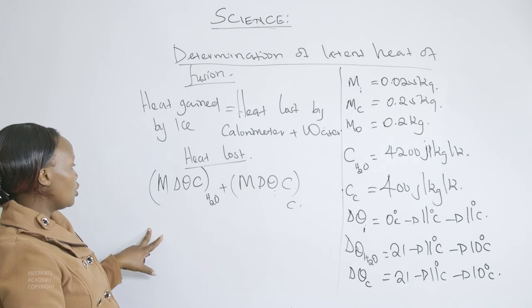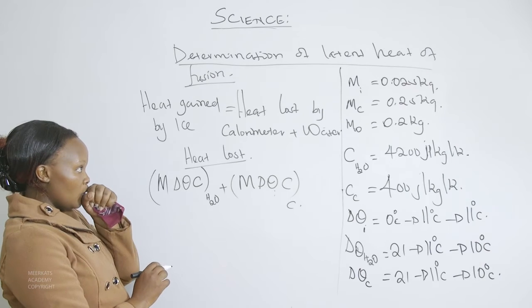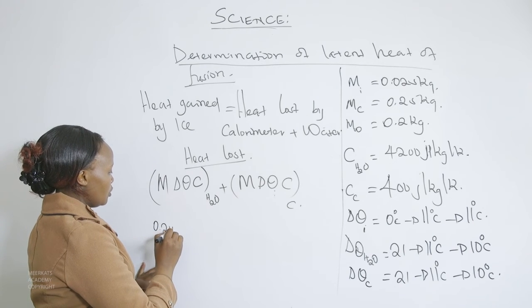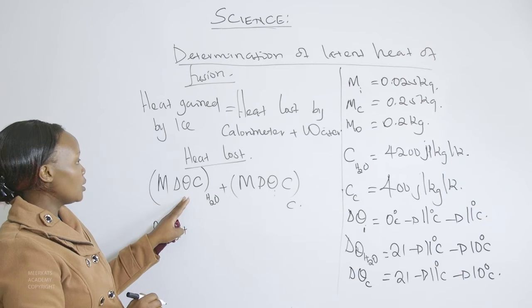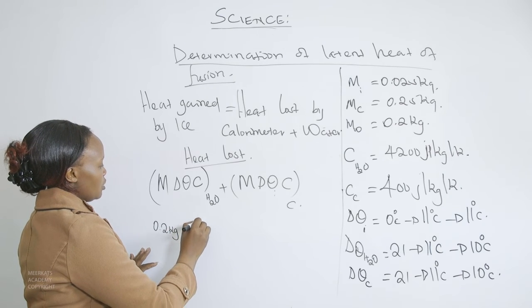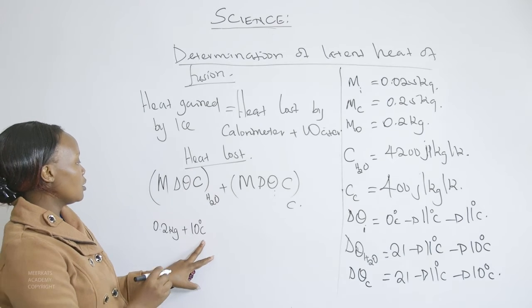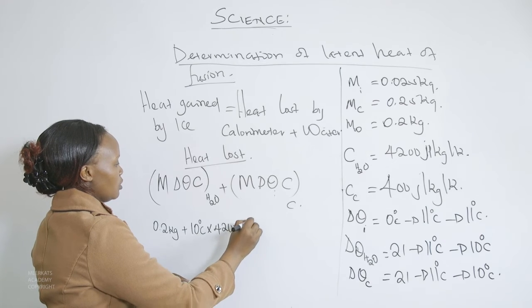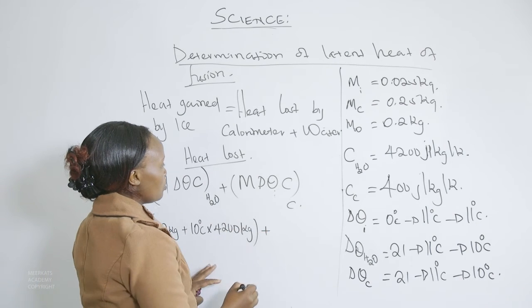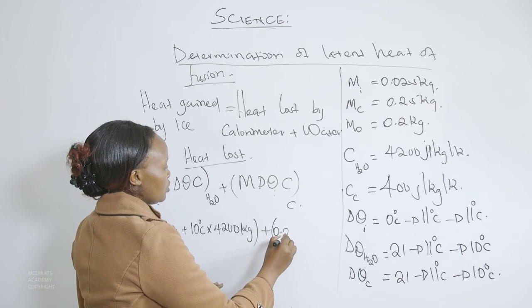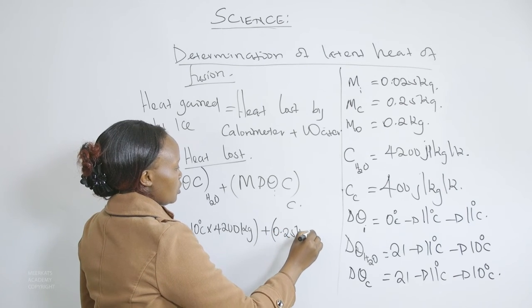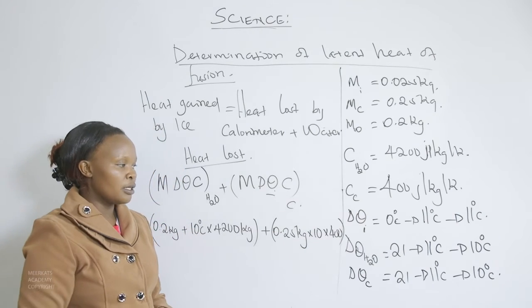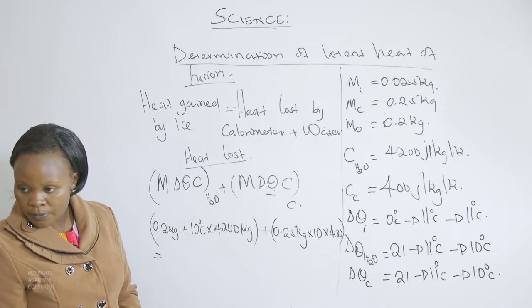The mass of water is given as 0.2 kilograms. We multiply by the change of temperature, which is 10 degrees centigrade, and by the specific heat capacity, and this one is going to be added to that of the calorimeter, which is 0.25 kilograms times 10 as our change of temperature times the 400 that we were given as the specific heat capacity.